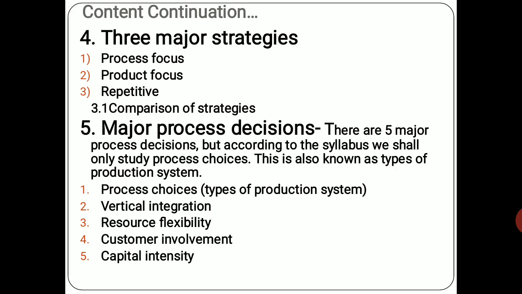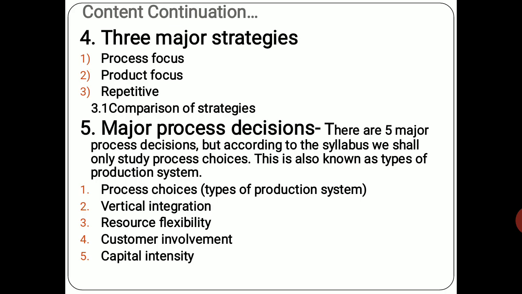The 5 major decisions that can be undertaken by the manufacturer can be vertical integration, resource flexibility, customer involvement or capital intensity. But out of them, what is important and what your syllabus covers is the major processes, right? And we have been learning major processes since the previous lecture.